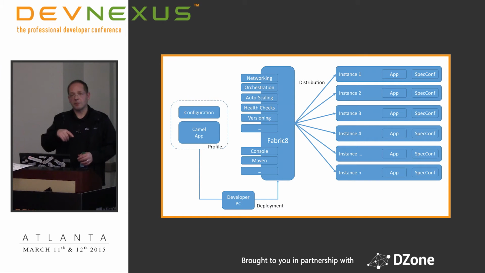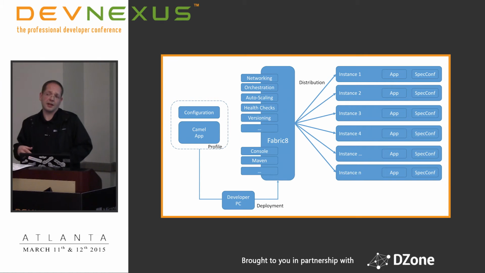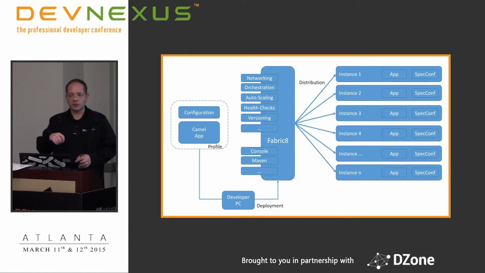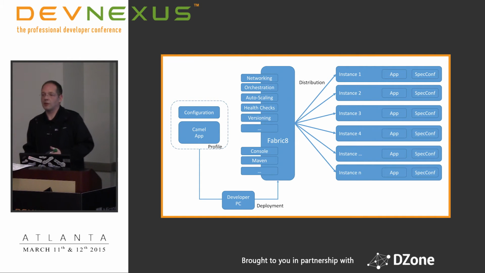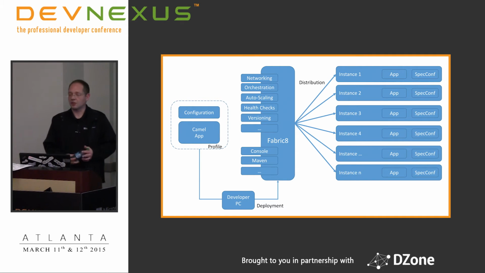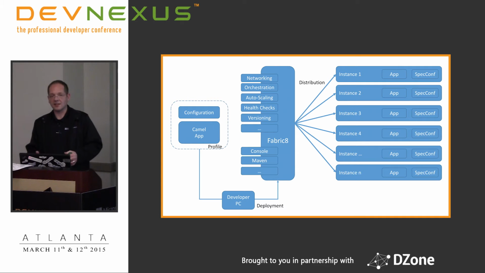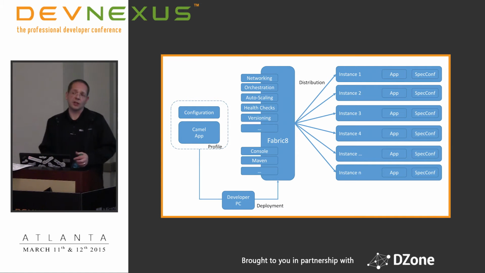Together with building and packaging your application, the Fabric8 plugin can actually talk to the Fabric8 server and upload your application plus the configuration to the Fabric8 instance. So it's kind of your central application and documentation repository for all your assets that you want to deploy somewhere.